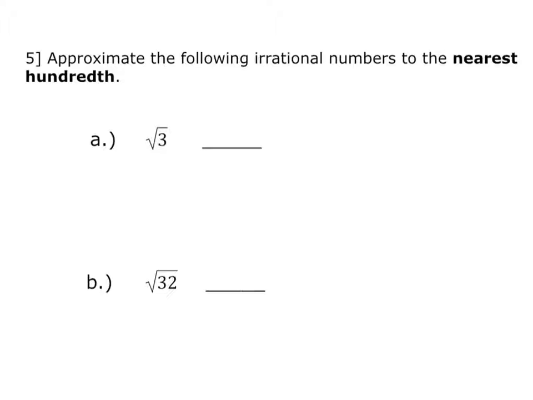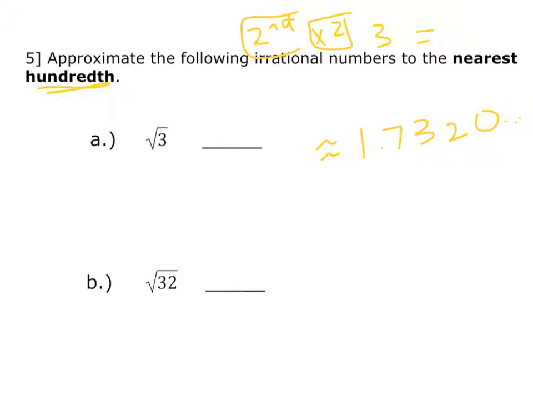Part 5. Approximate the following irrational numbers to the nearest hundredths place. So I'm, again, accessing those same calculator functions. Second function x squared, and then put in 3 and enter. And you get approximately 1.7320 and so on.